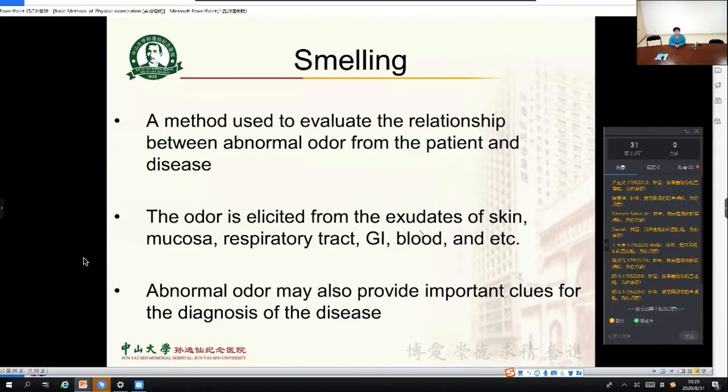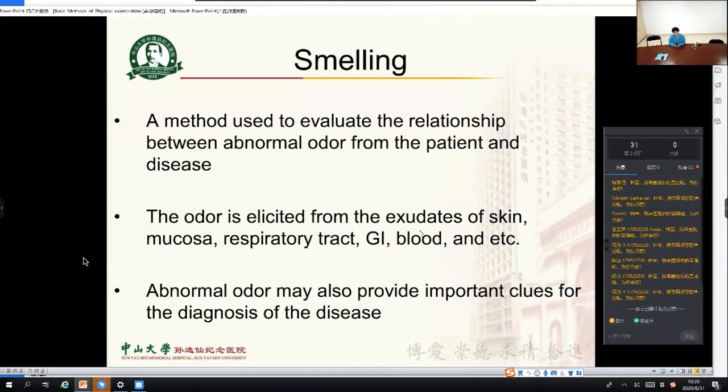Also, smelling is the fifth principle for physical examination. It's a method used to evaluate the relationship between the abnormal odor from the patient and the disease.